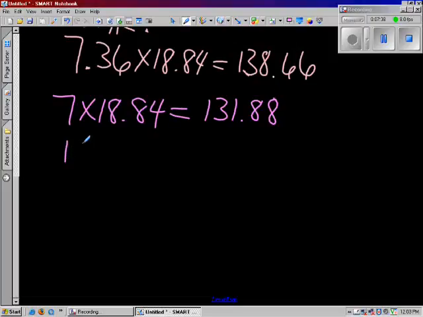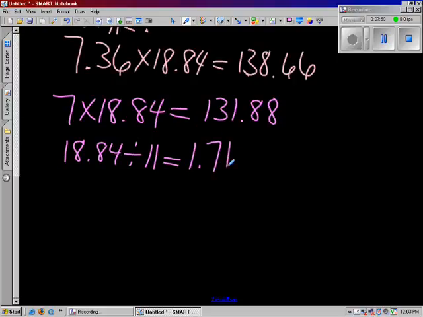And then I have to take that 18.84, divide it by the 11 pieces to figure out how much each one is. And I get, for each piece, about 1.71 feet. Each of those 11 pieces, 1.71 feet each. So I take my 1.71 feet times my 4 pieces, and I get 6.84 feet on that one.